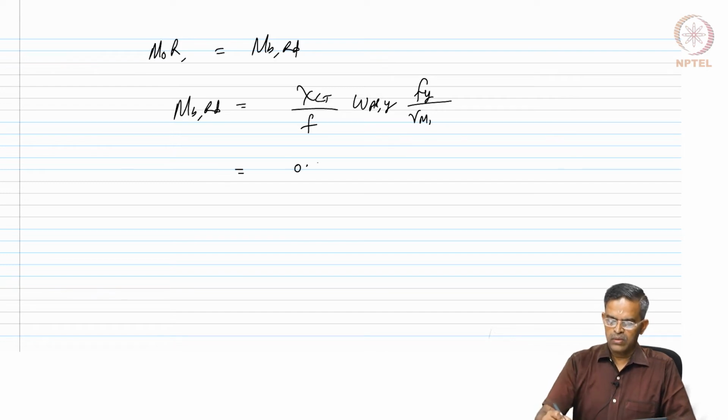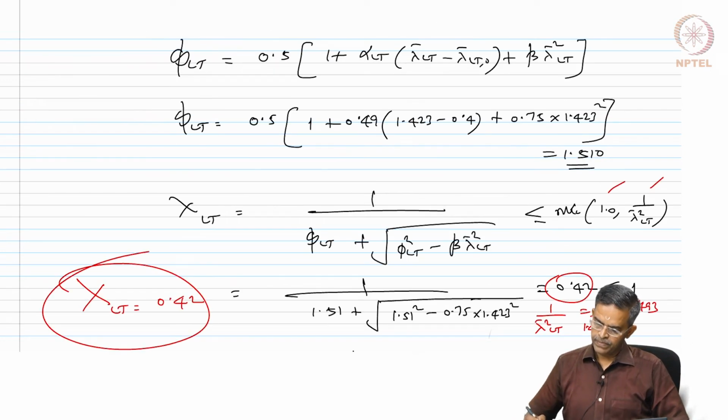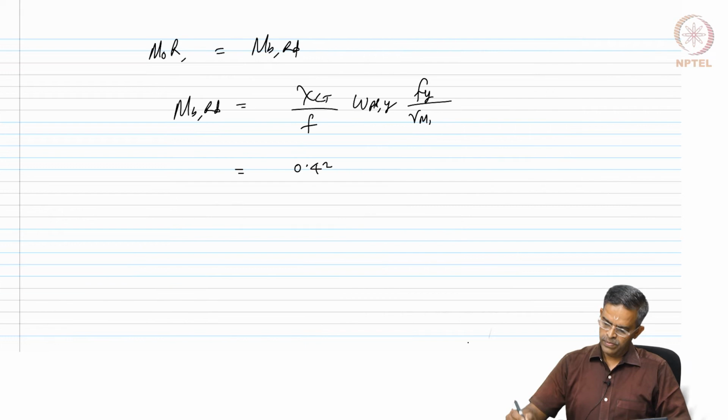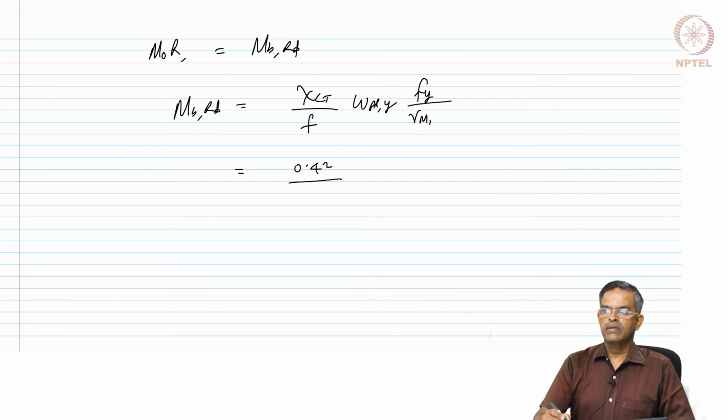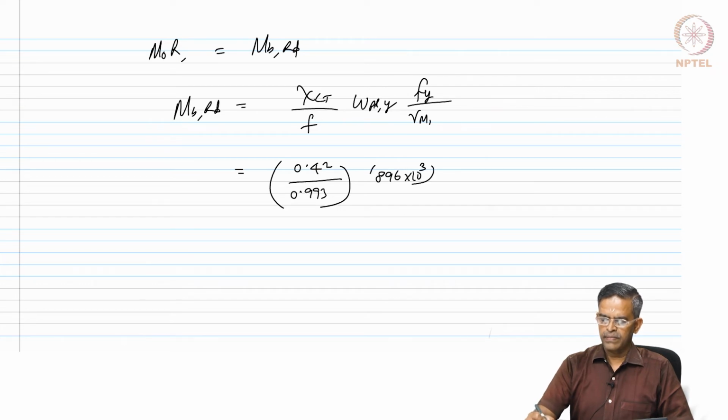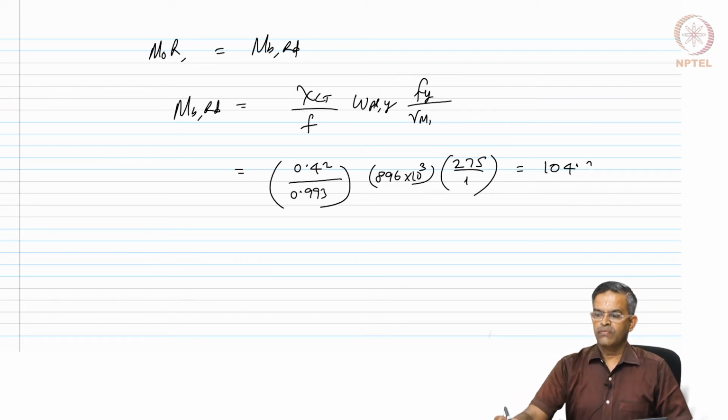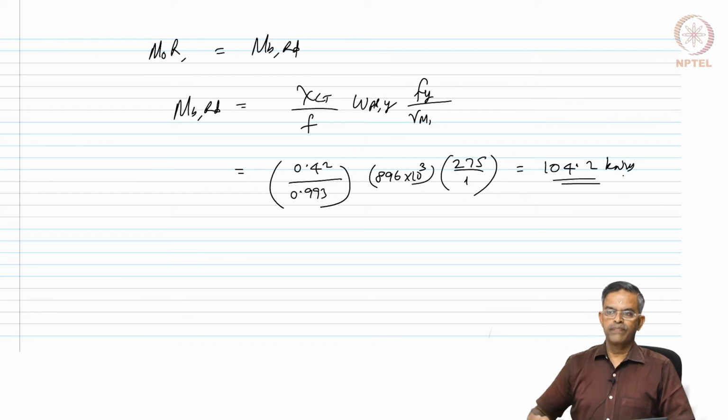We will substitute 0.42, that is psi LT, is it not? 0.42, F factor is 0.993, and WP is 896 10 power 3 into 275 by 1. We already said gamma m is 1 for this kind of distribution. So, this value comes to be 104.2 kilonewton meter.